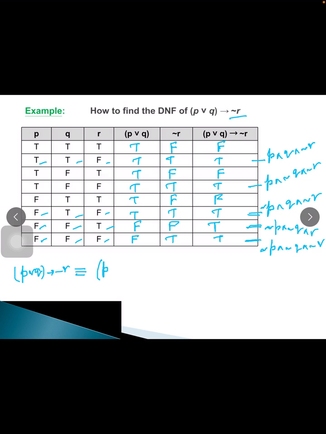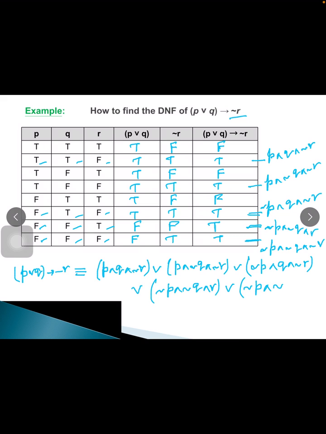Our first min term was P and Q and negation of R, joined by disjunction with the second one, P and negation of Q and negation of R, or negation of P and Q and negation of R, or negation of P and negation of Q and R, or negation of P and negation of Q and negation of R. Like that we join all these 5 min terms by the disjunction.